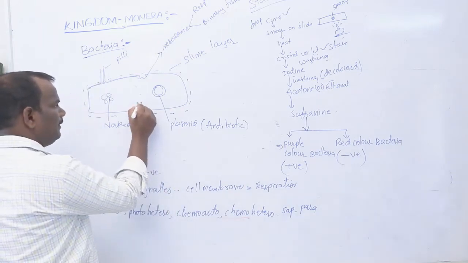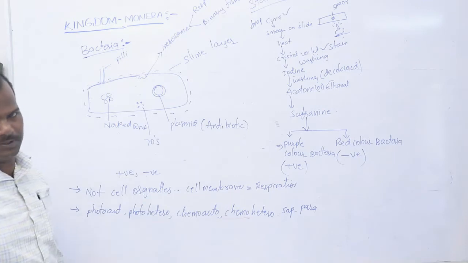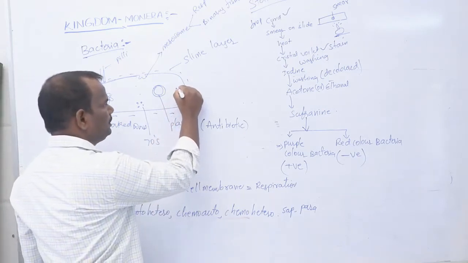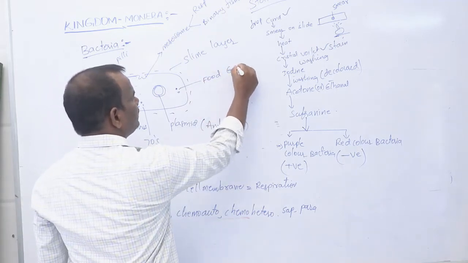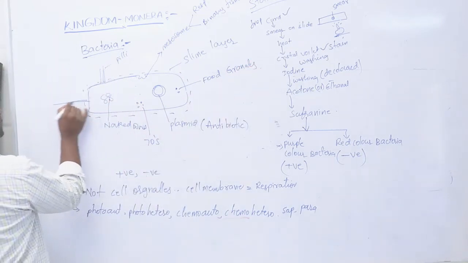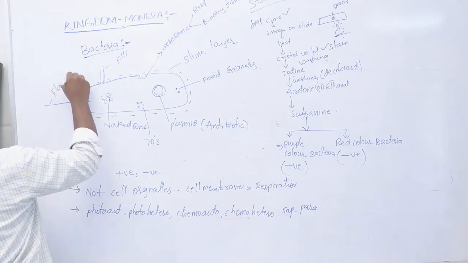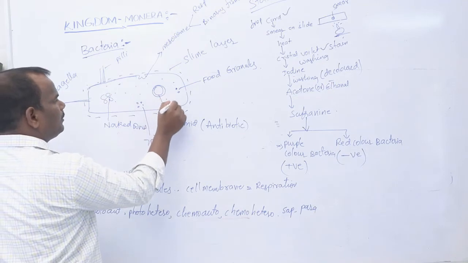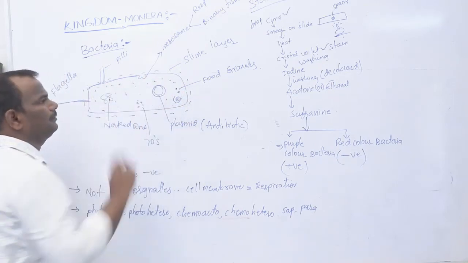Next, this bacteria consists of 70S ribosomes. This is the food granules. Next, this is the flagella. These are the structures of this bacteria.